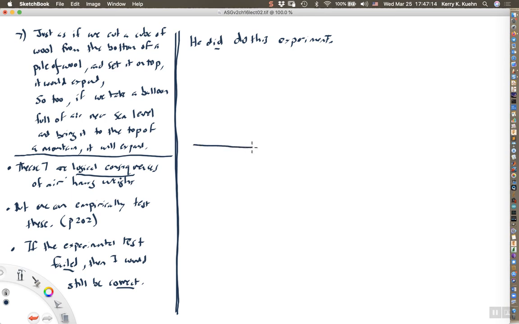He took a balloon that was kind of a flaccid balloon. I'll draw a little flaccid balloon, not pumped up very high. And then he took it one day hiking up the Puy de Dome, this tall mountain.